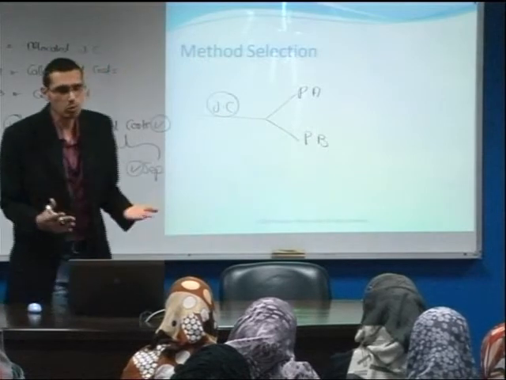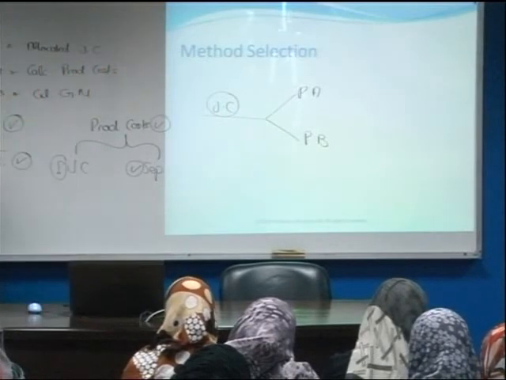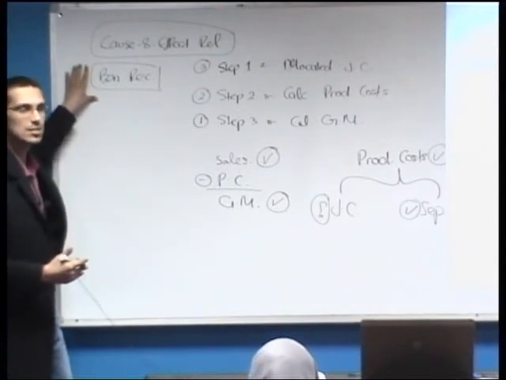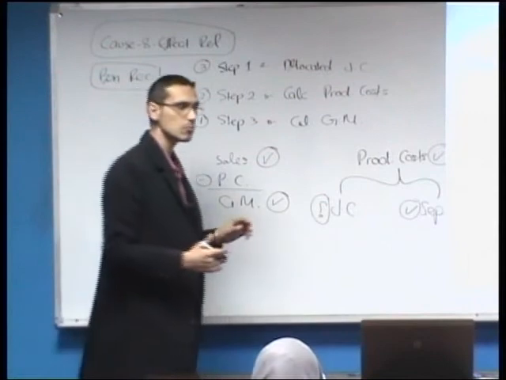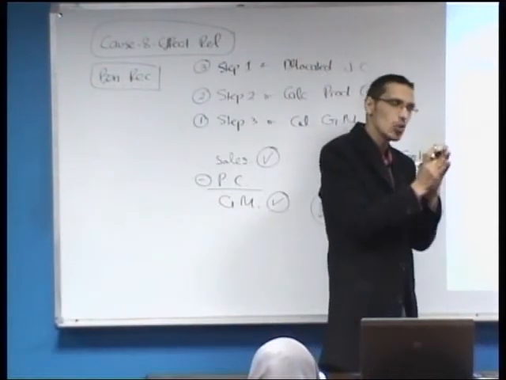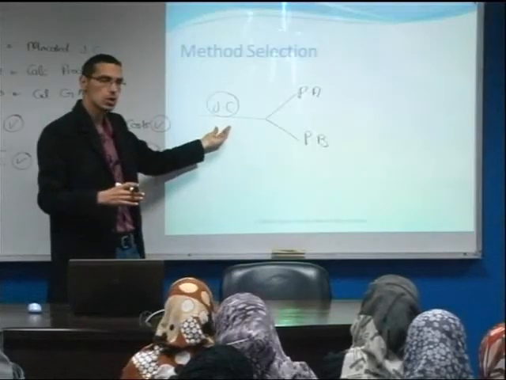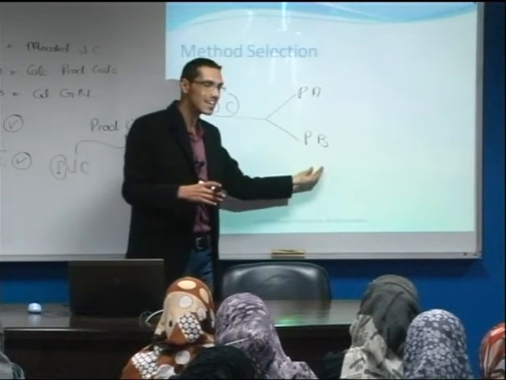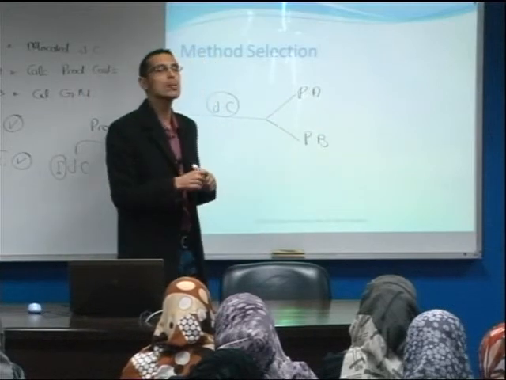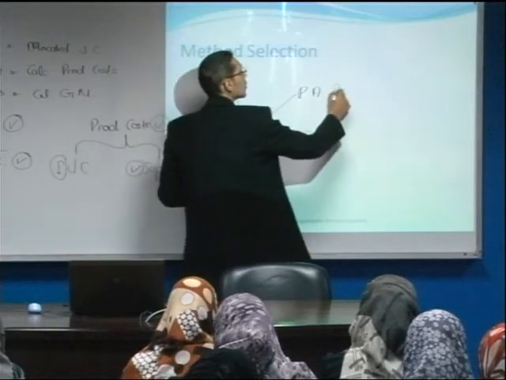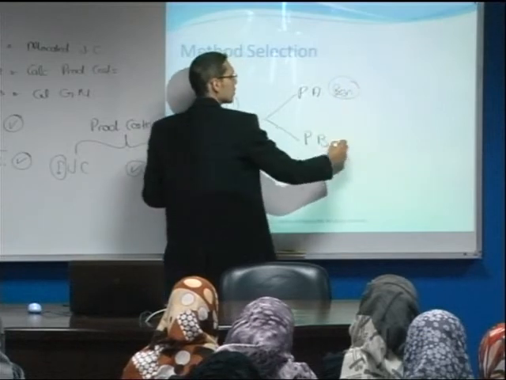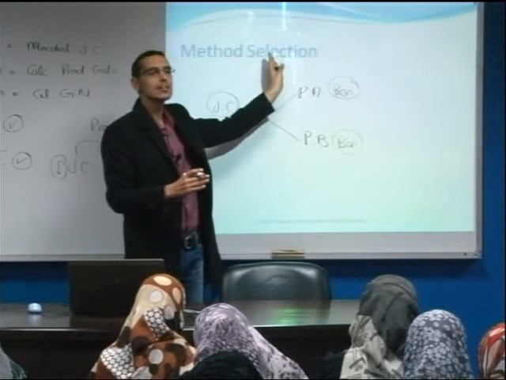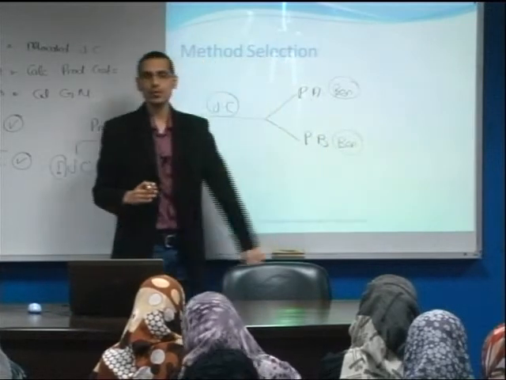Therefore, we need to consider now the second perspective, which is the benefits received. That means we need to allocate the joint costs onto the first product and onto the second product according to the benefits that are received from product A separately and from product B separately.